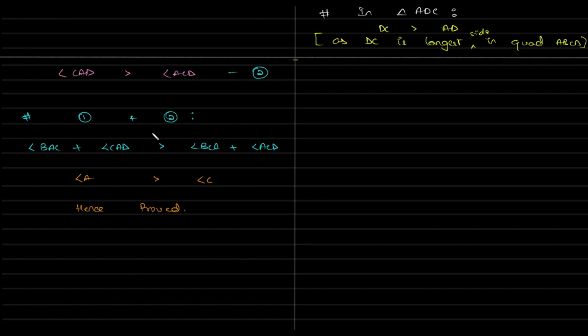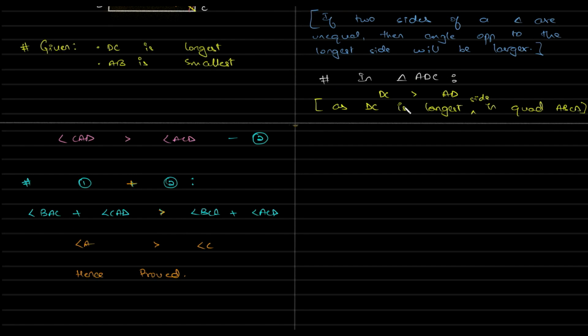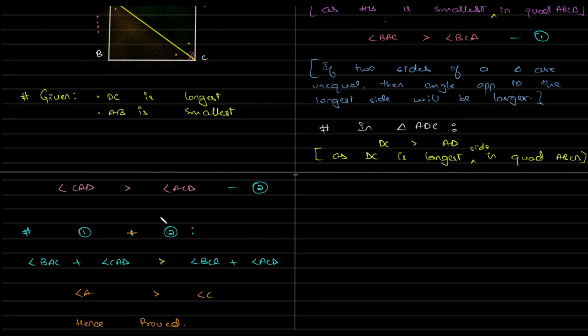About this inequality, I think the previous problem has this, and I talked in detail regarding inequalities there. We have the greater than sign in both equation 1 and equation 2, so I'm adding the LHS and the RHS and we get the final answer.